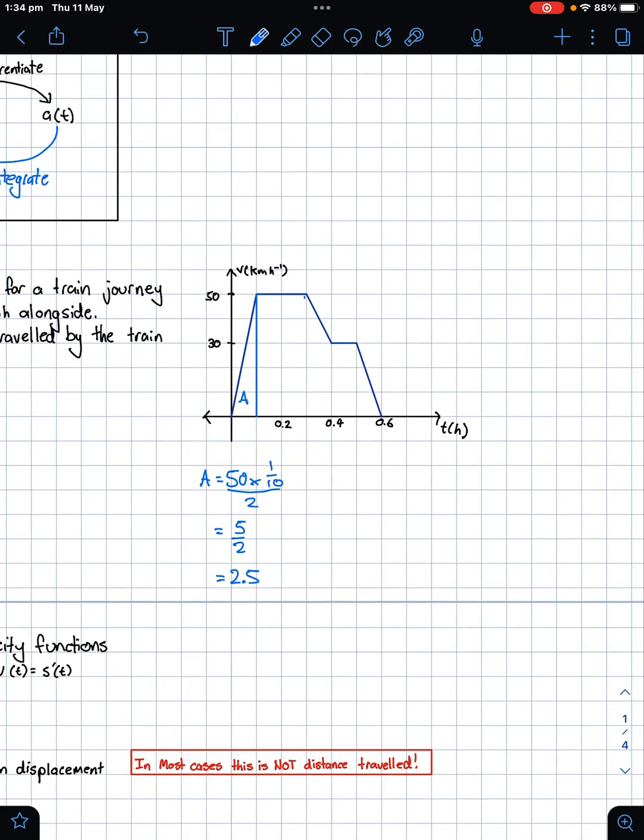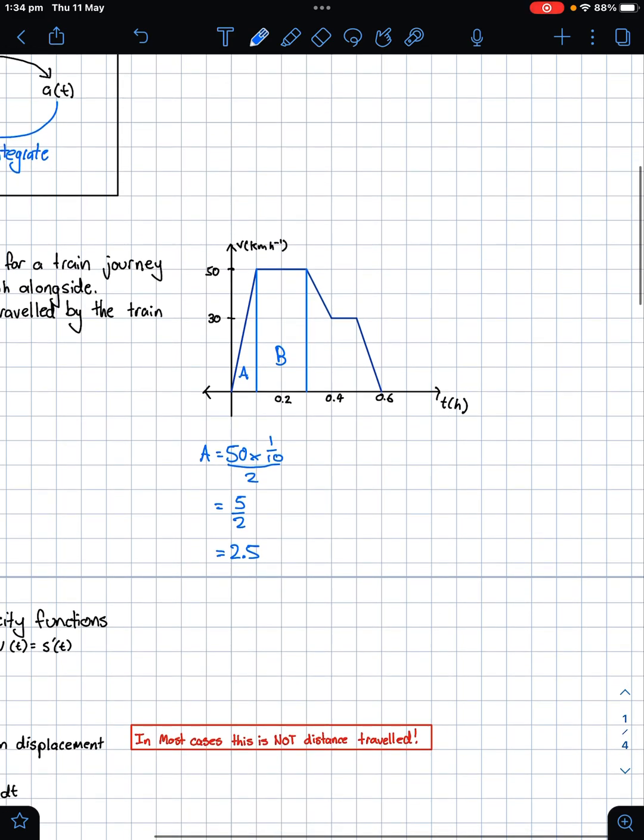This next one here is this big square. This square, we'll call B, is going to be 50. So B equals 50 times 2 over 10, because it's 2/10. 50 divided by 10 is going to give us 10 over 2.